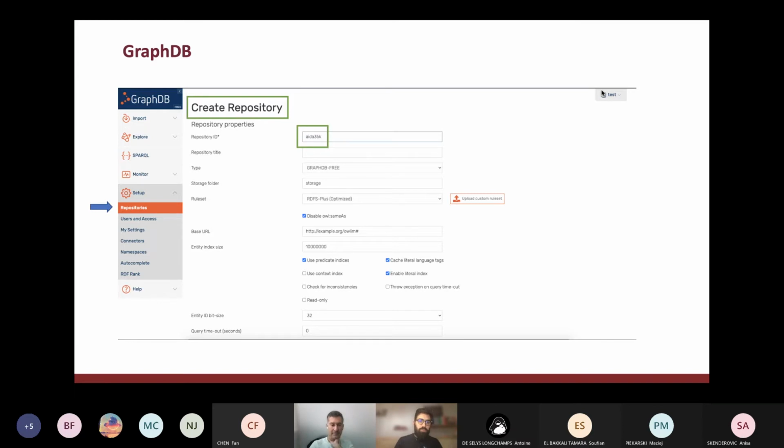So the first thing that you have to do once you install and run GraphDB: GraphDB runs in a browser. Technically, it's a Java application. So you download, you install it. It runs a Java daemon that will open a browser page. So you will interact with this dataset through the browser. You go into a repository, you create a repository, because you can have multiple repositories on this GraphDB app.